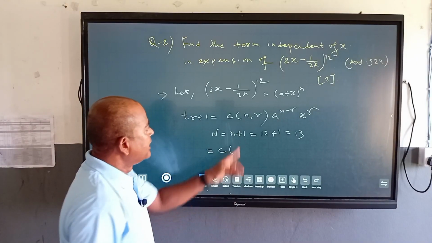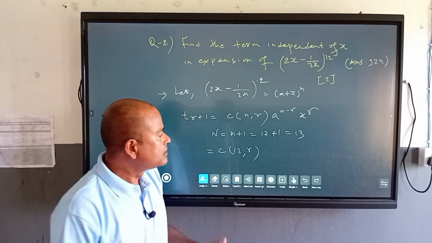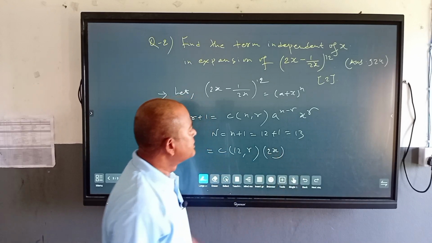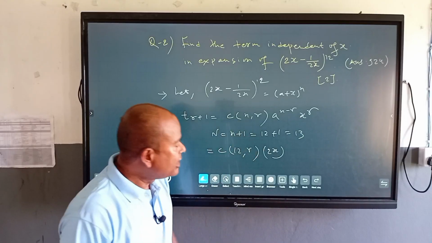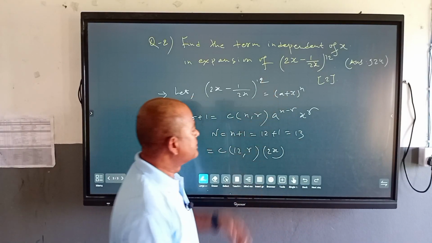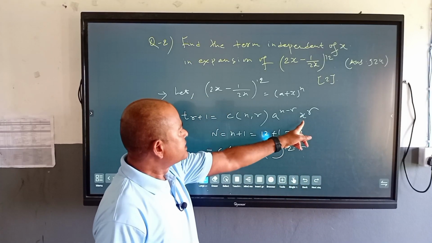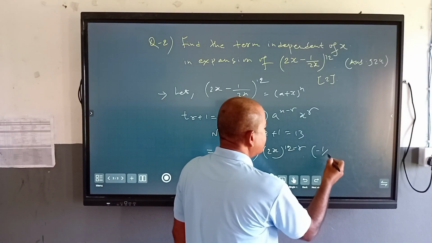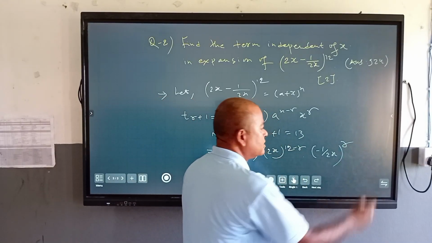So C, n means power, so n means 12, r is unknown. The value of a is 2x, which is the first term of the given binomial expression. And n minus r means 12 minus r, and x means the second term, which is −1/(2x), power r. The value of r is unknown.